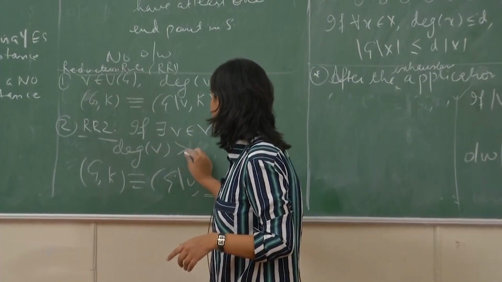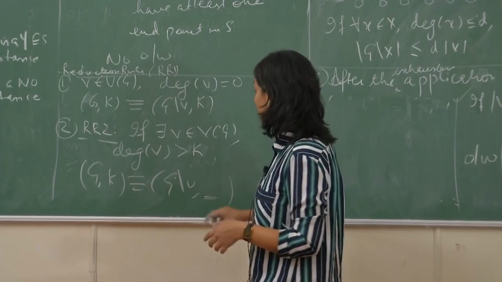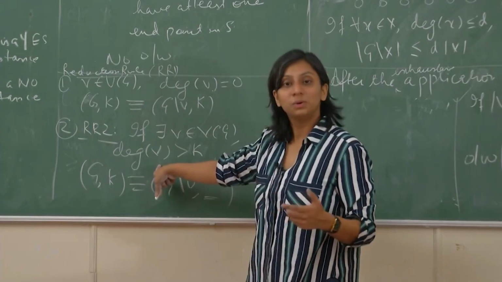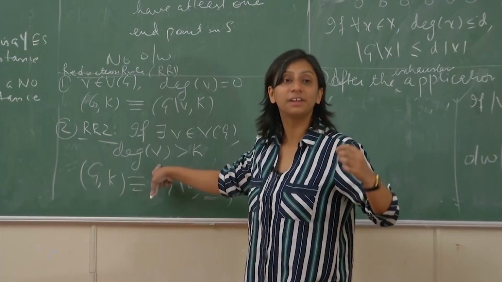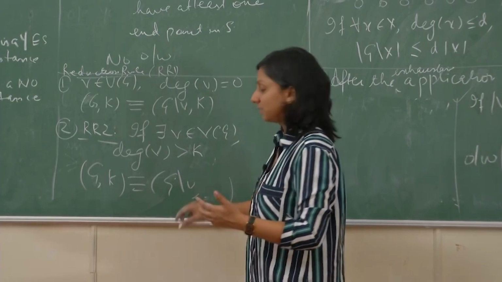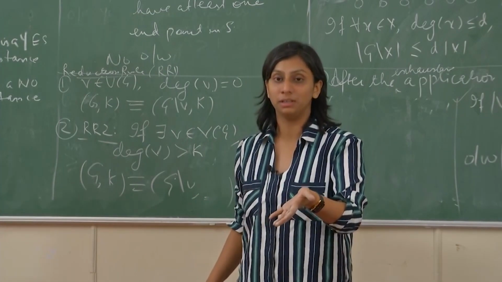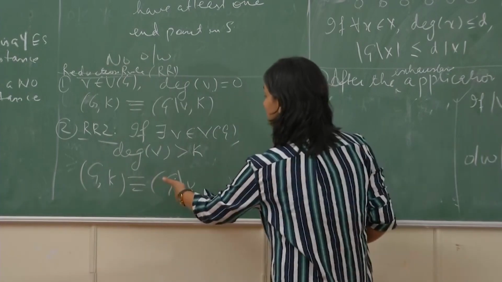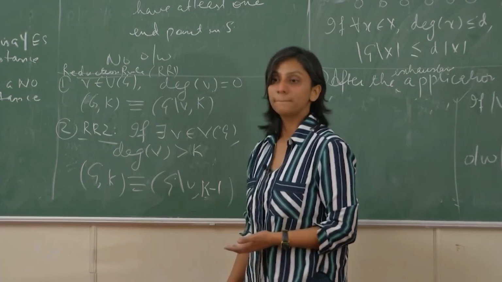If the degree of a vertex v is at least k plus 1, then this vertex has to participate in every vertex cover of size at most k. So whatever solution we are looking for has to pick v. In that case, we just delete v from the graph and reduce k by 1, right?